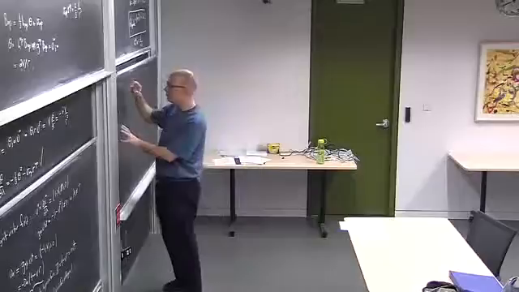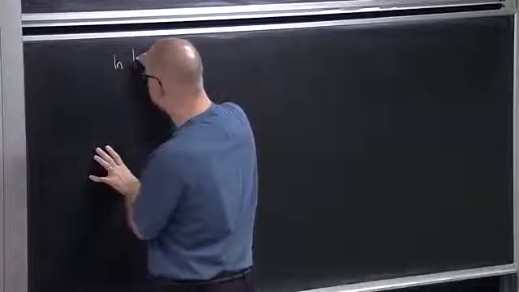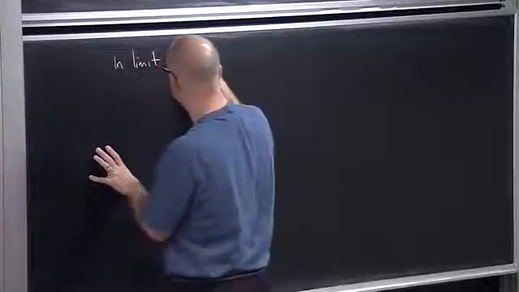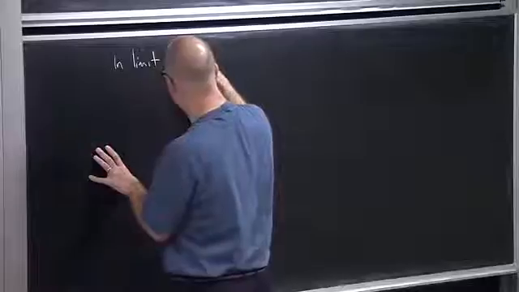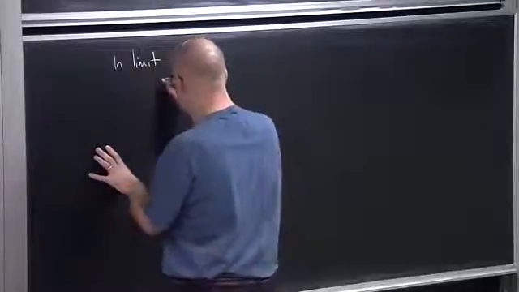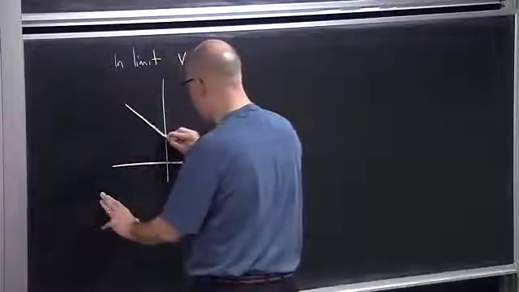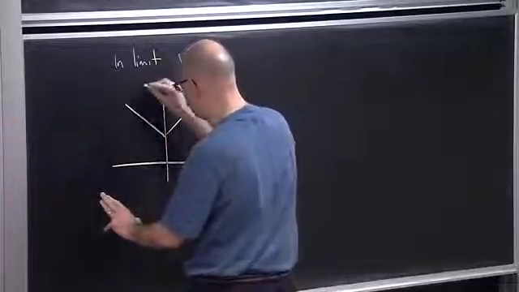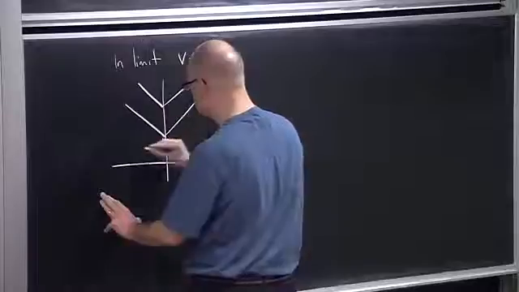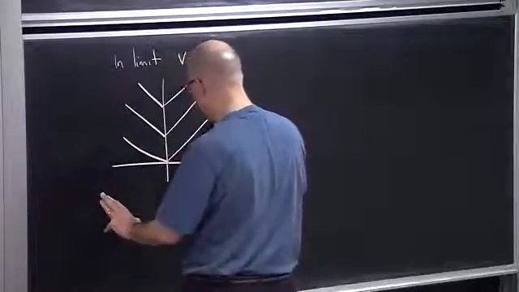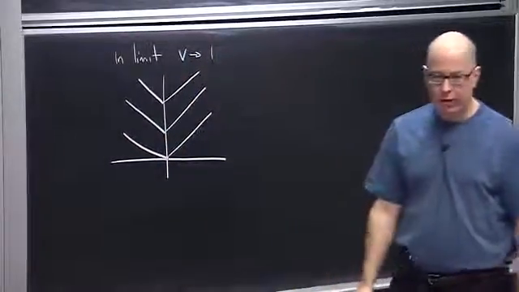So in the limit, v tends to 1, we get cones at 45 degrees, and we get hypersurfaces at 45 degrees.